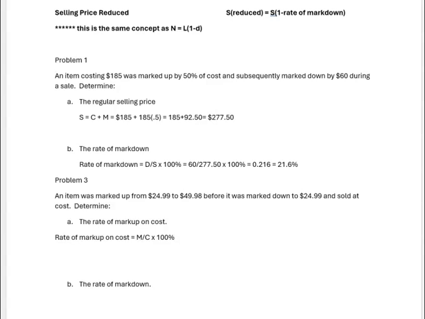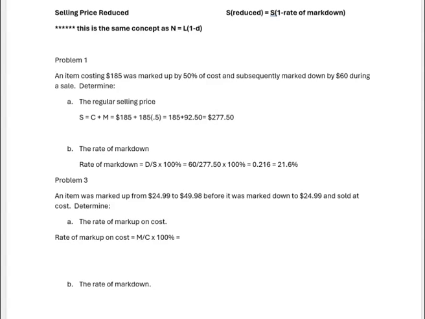Okay, so what have we got? We've got an item was marked up from $24.99, which would be the cost, to $49.98 before it was marked down. Okay, so it was marked up. The markup equals, okay, so it was marked up from $24.99 to $49.98.